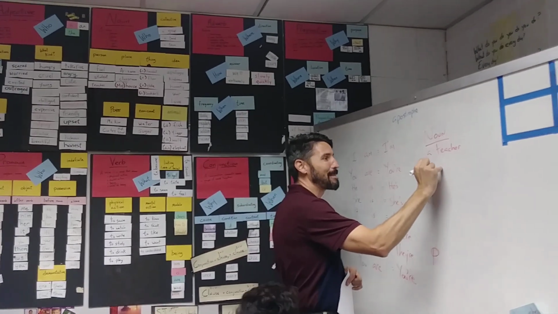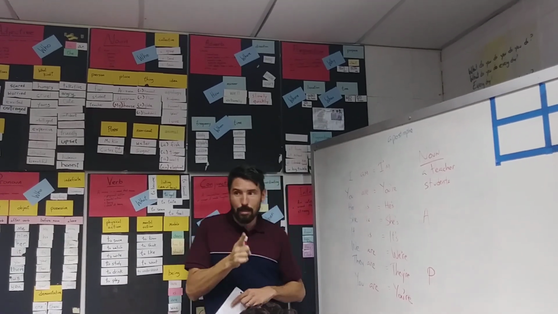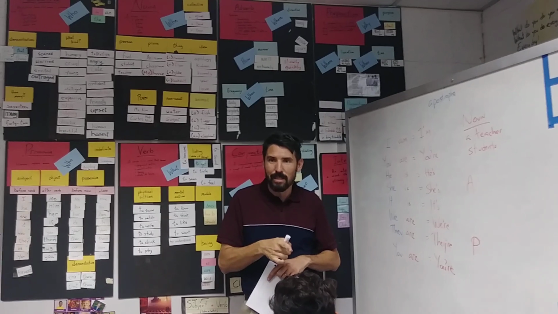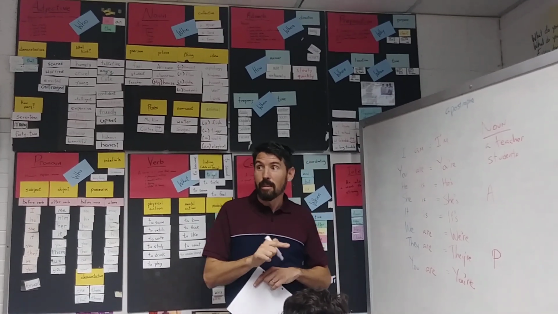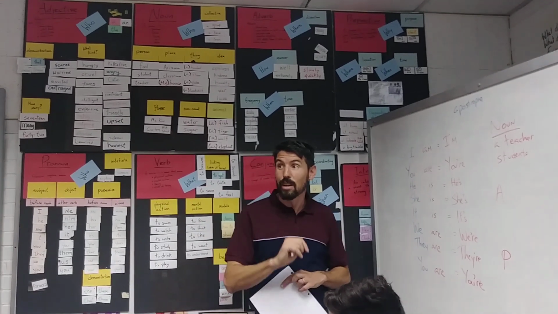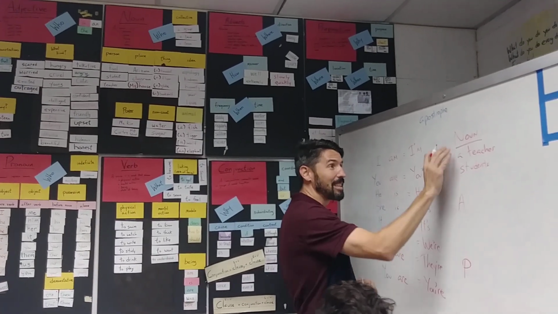Now if I'm talking to just one person, can I say, you're students? Is that good or not good? No, right? It's only if I'm talking to many people, right? But I could say to one person, you're a student, right? Okay? Make sense?